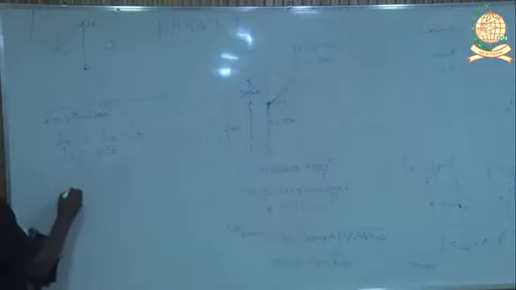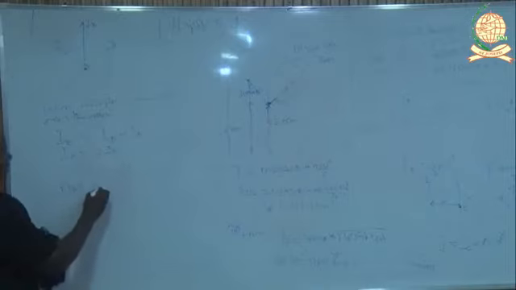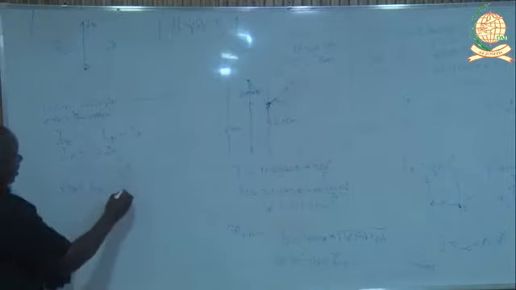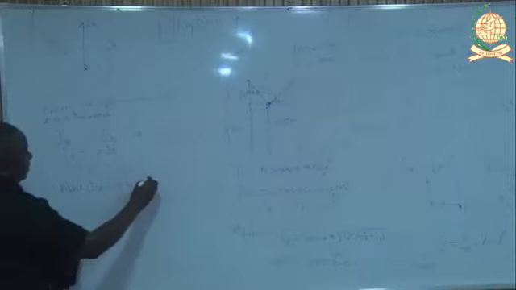But Iz for a disk is a half mass times radius squared.